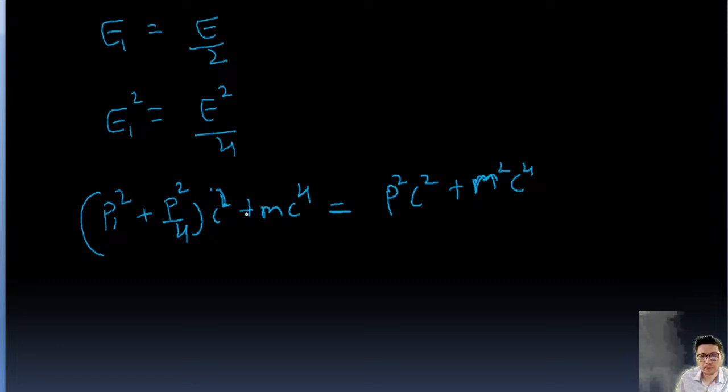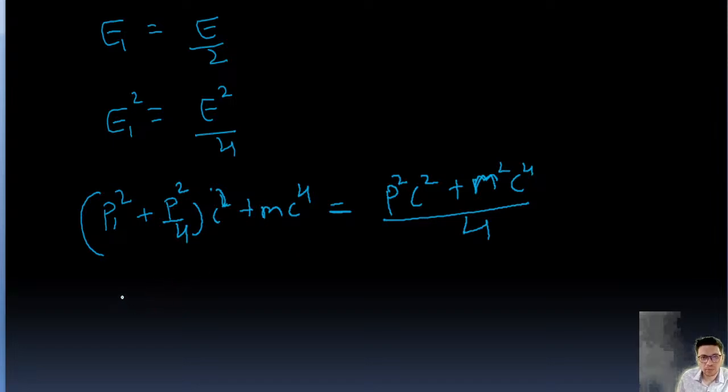Now we will solve it. E1 is square, so we can write by 4, E1 square by 4.